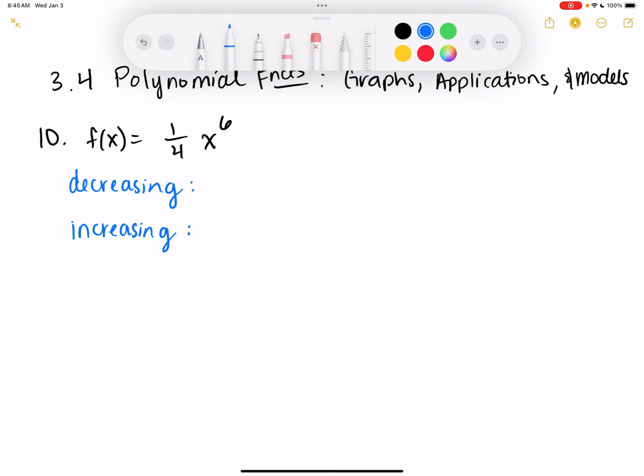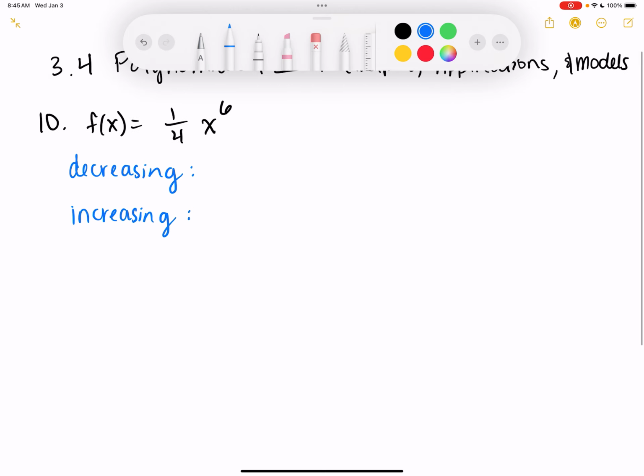So I would just say somewhere around 0, kind of split the difference given this particular situation. So decreasing from negative infinity to 0, and then increasing from 0 to infinity. This one's not a good example. I think the next one that we do should be a little easier to see. I won't give you one that's that hard to figure out.